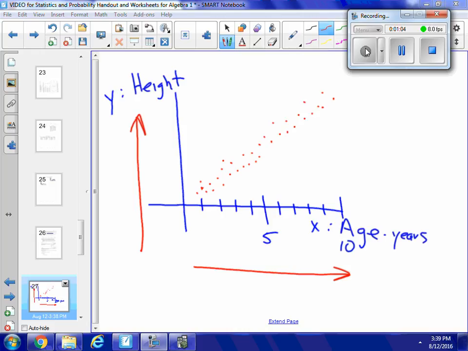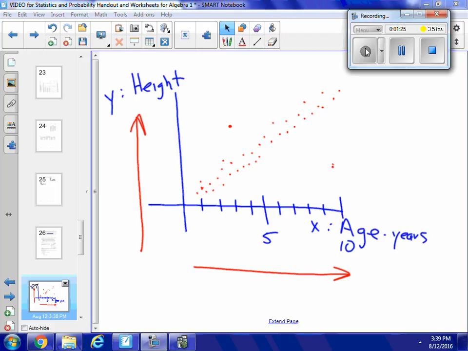Now, you might have somebody who's kind of old, 10, that's not old, but old, right? Who's very small. And you might have somebody who's kind of young, but happens to be kind of tall for their age. Those might be outliers. But what we're doing here is we're plotting a bunch of little data points.